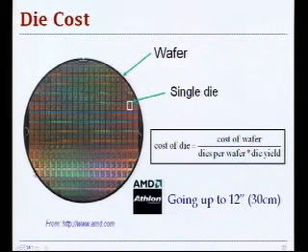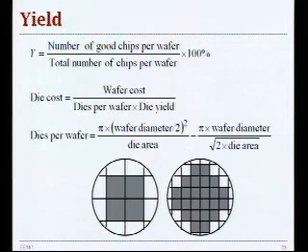And typically the wafer size has been between 4 and 12 inches, and today it's mostly 12-inch fabs, and you'll see this in much more detail in the next class. So important here to understand it's wafer cost, you have a certain number of dies, and you have a yield. So what is yield? It is the number of good chips per wafer versus the total number of chips that are manufactured in the same run.